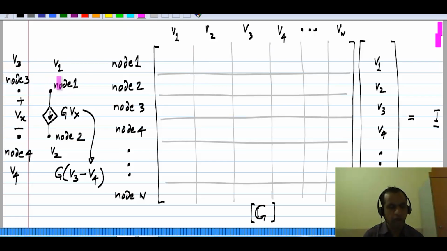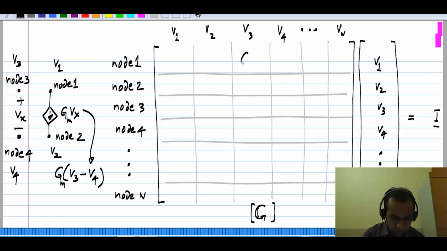First of all, the current is flowing from node 1 to node 2, which means that the equation for node 1 and the equation for node 2, these two equations contain the term corresponding to the controlled source GM. So the current flowing away from node 1 is GM times V3 minus V4.